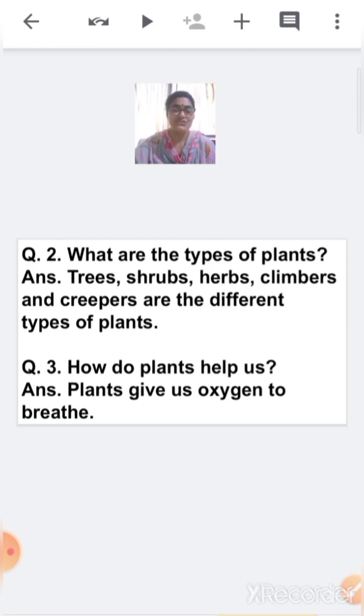Trees, shrubs, herbs, climbers, and creepers are the different types of plants. How do plants help us? Tell me, children, how do plants help us? What do they give us? Yes, plants give us oxygen to breathe.